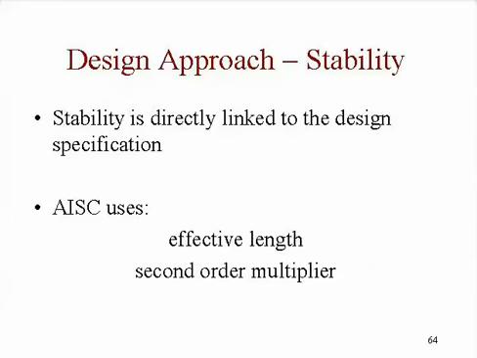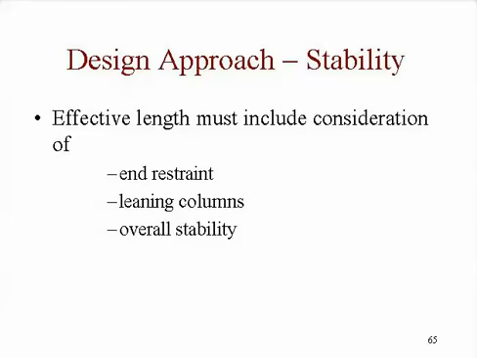So what we're going to do here is use the effective length, look at the end restraints, look at things like leaning columns, which are gravity-only columns that are not participating in the lateral load resisting system, and then look at the overall stability of the system.